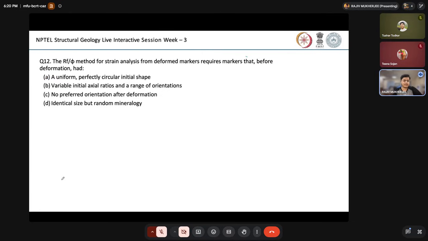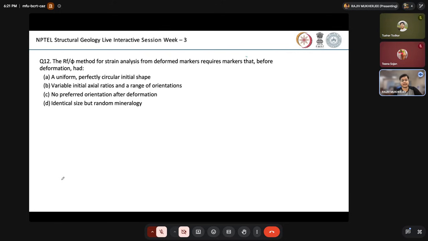Now moving on to question number 12. The RFI method for strain analysis from deformed markers requires markers that before deformation had a uniform, perfectly circular initial shape. Option B, variable initial axial ratios and a range of orientation. Option C, no preferred orientation after deformation.